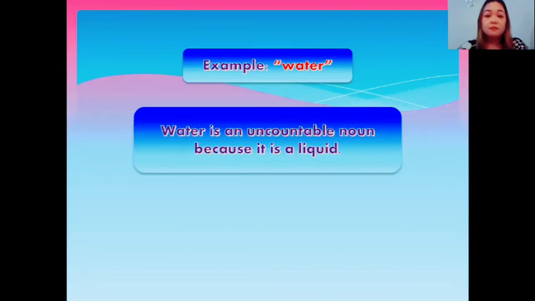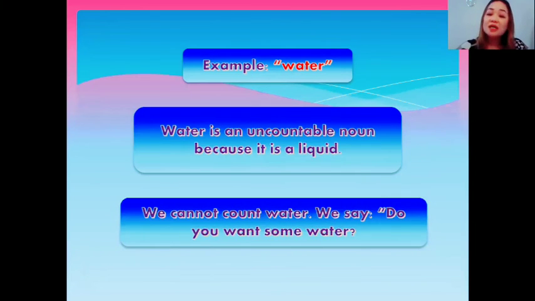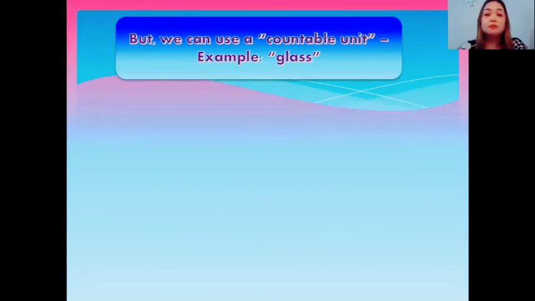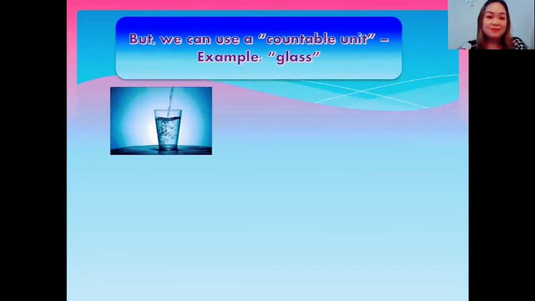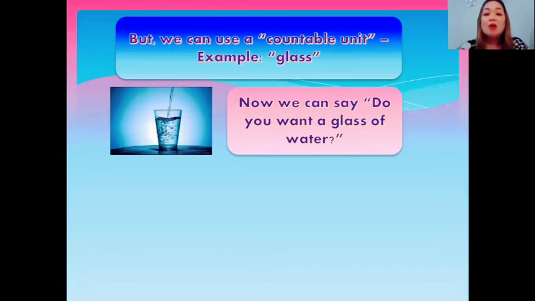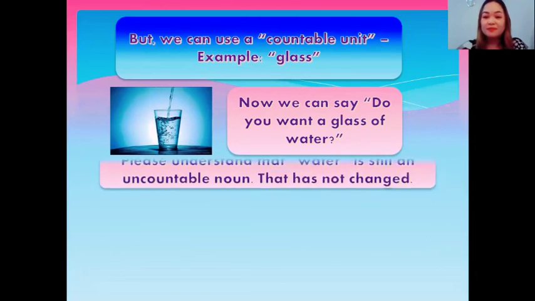Example, water. Water is an uncountable noun because it is a liquid. We cannot count water. We say, do you want some water? But we can use a countable unit. Example, glass. Look at that. Now we can say, do you want a glass of water?